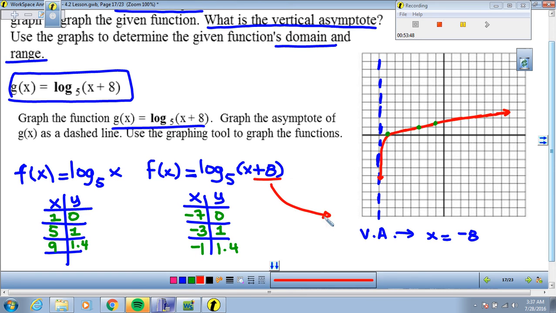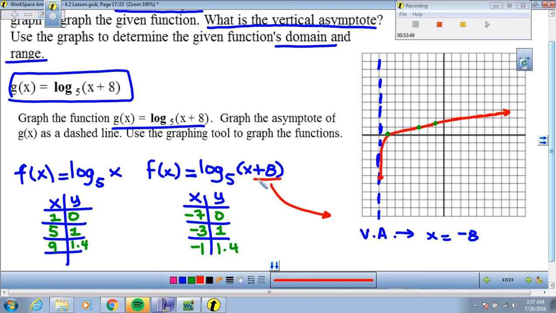That's where this one came from. But it has to be the opposite, because remember, it moves to the left 8 units, or you subtract 8, that's the reason that it's negative 8, instead of just positive 8. Just the way we usually think about shifting the graph to the left or to the right with the opposite sign from what we see, that's the same thing here for the vertical asymptote.